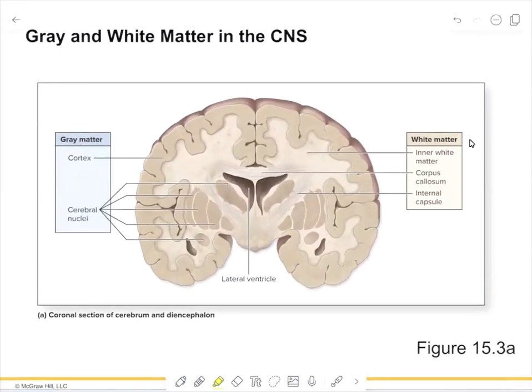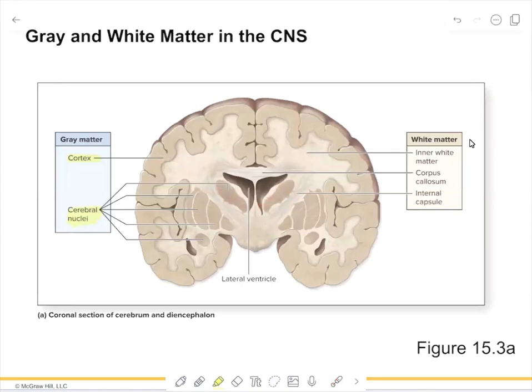In this frontal or coronal section, we can see gray matter and white matter. The gray matter is the outer cerebral cortex, which is where all of these outer bumps are. So when we look at the outside of the brain, they appear as gyri. Deep to this gray matter are cerebral nuclei, the various collections that you see.